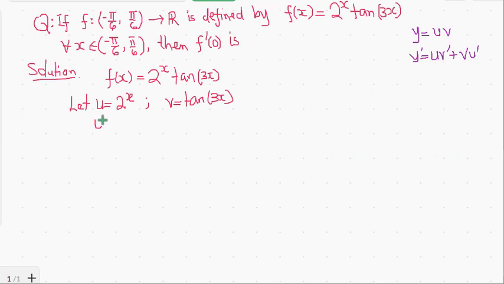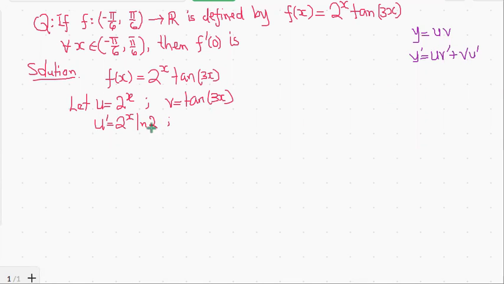Differentiating u with respect to x, this is going to be equal to 2 to the power of x ln 2. That is the natural log to the base e of 2. This is a specific rule of differentiation.